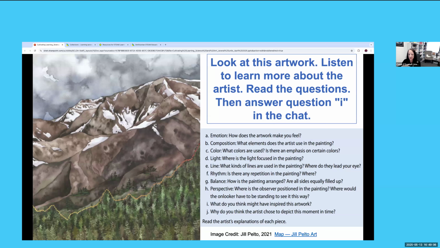The lower portion of the artwork shows a dense forest of spruce, and they stop growing on the mountainside at the tree line, that is, at the edge of the habitat. Above the line, there are fewer trees. So here's the question that our developer in this climate action guide asks the students to think about. What do you think inspired the artwork by Jill Pelto? Go ahead and put your thoughts in the chat.